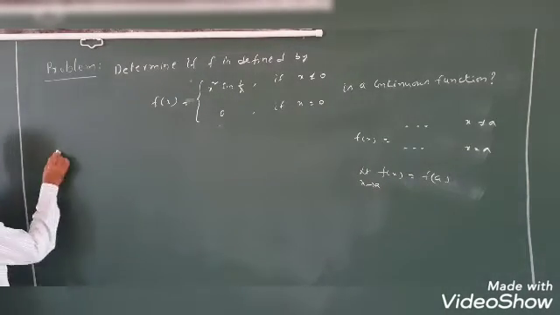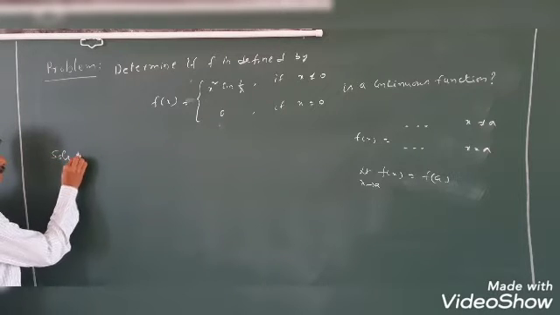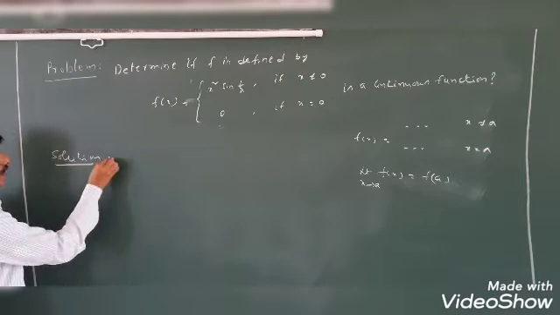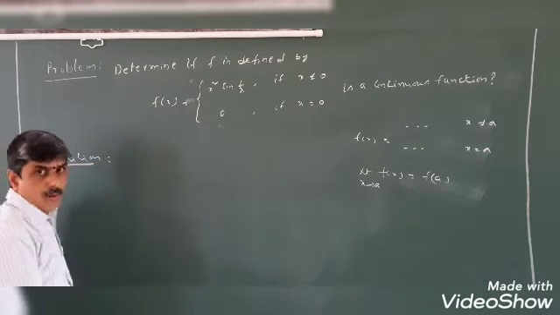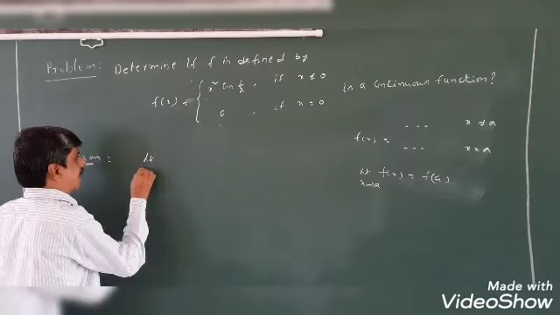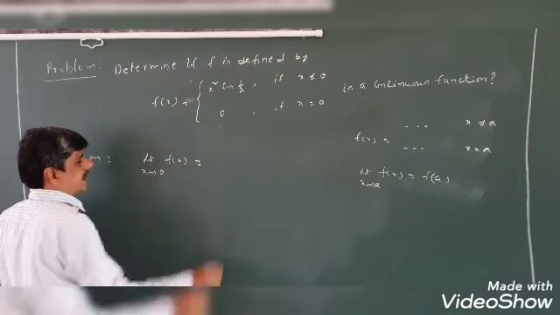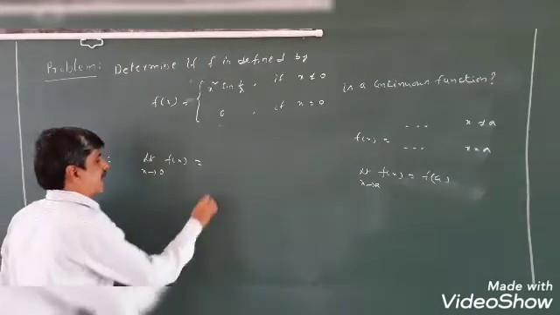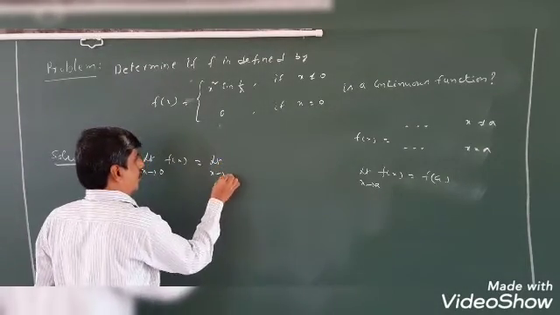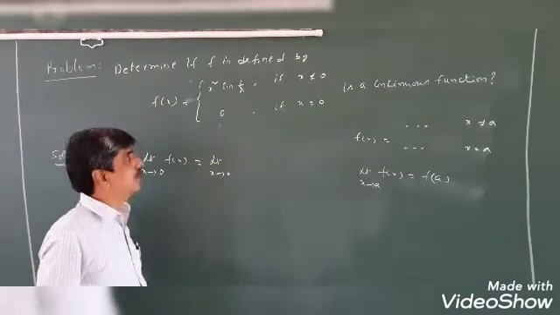So here is the solution. Now we want to start with limit x tends to 0 f of x. So limit x tends to 0 means x is not equal to 0.